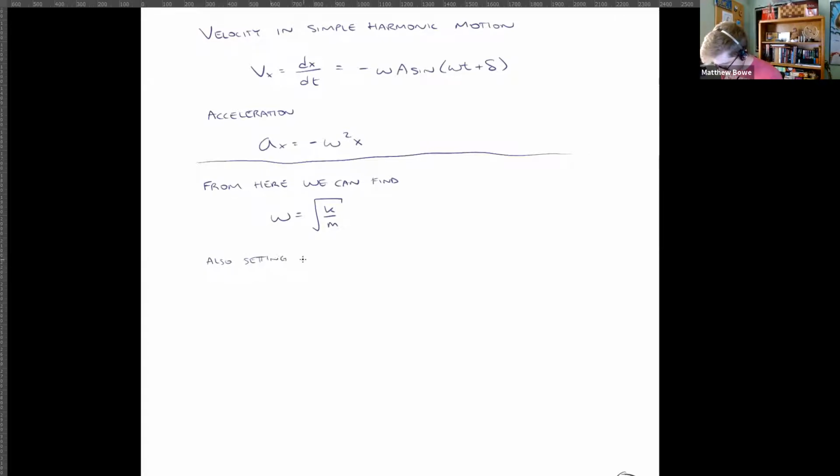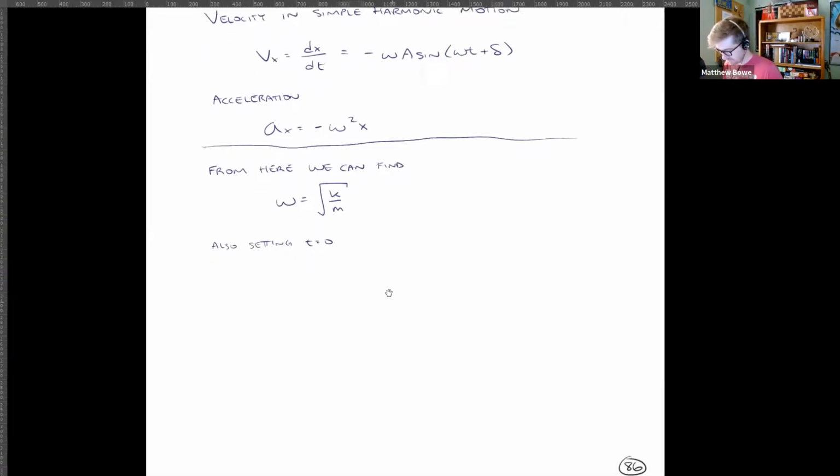setting t equals 0 in all of these equations up here. If we set t equals 0 in an equation like that, we get the initial values in a lot of these equations.